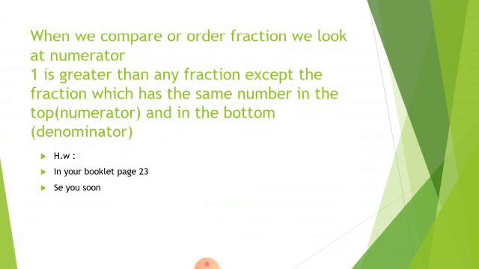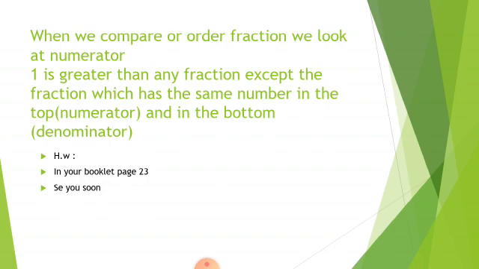So again, when we compare or order fractions, we look at the numerator. 1 is greater than any fraction except a fraction which has the same number at the top and at the bottom, the denominator. Let's go back to the steps for comparing and ordering. We must make sure we have the same number at the denominator. If we have 1, I will convert 1 to equal the denominator of the other fraction.